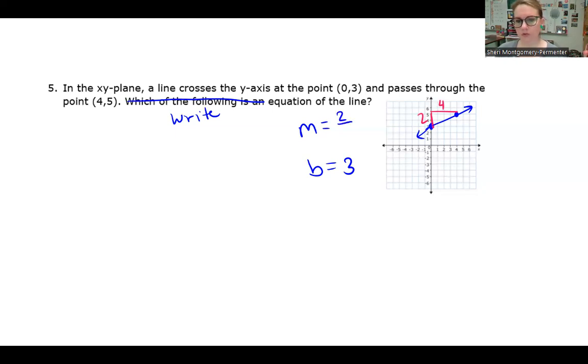So 2 over 4, does that reduce? To what? 1/2. Very good. So I write my equation. Y equals 1/2, and the x can go out to the side, but it does not go in the denominator. And this time we don't stop there because we also have to do plus 3.